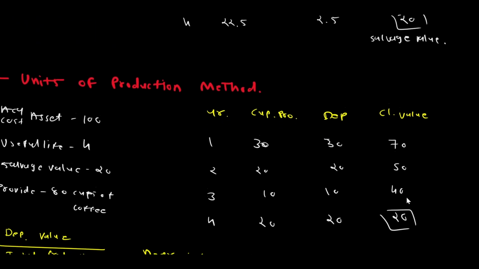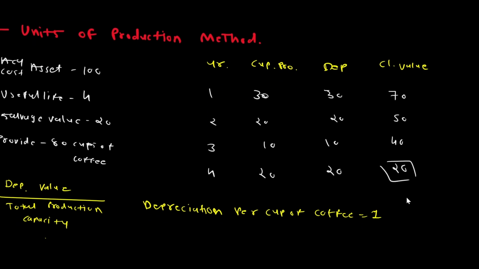Then let's discuss the unit of production method. Suppose I have bought a machine worth 100, useful life is 4, salvage is 20, and it's a coffee machine. So it will provide 80 cups of coffee over a lifetime.